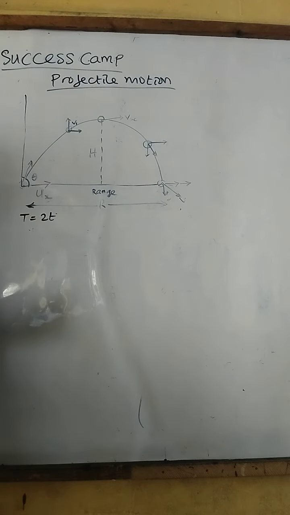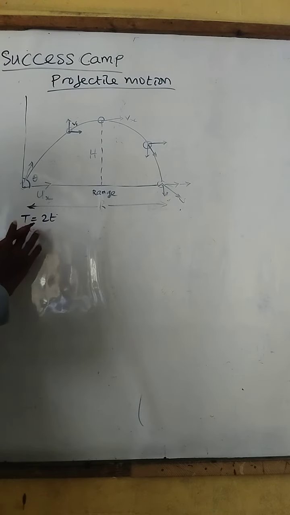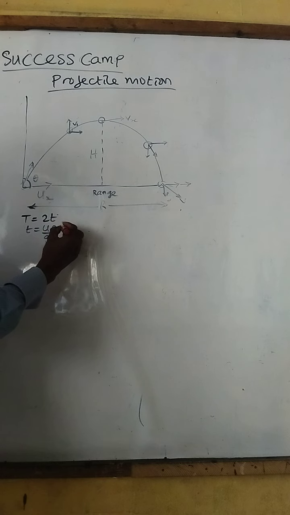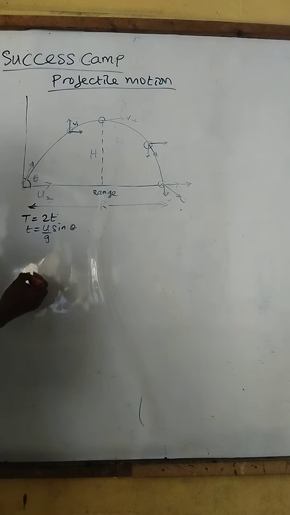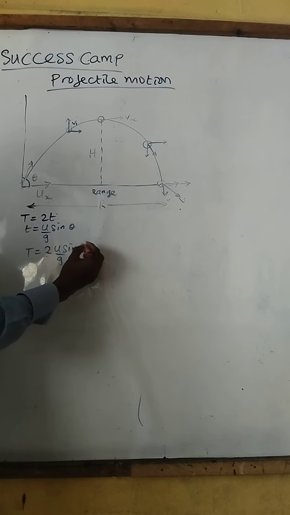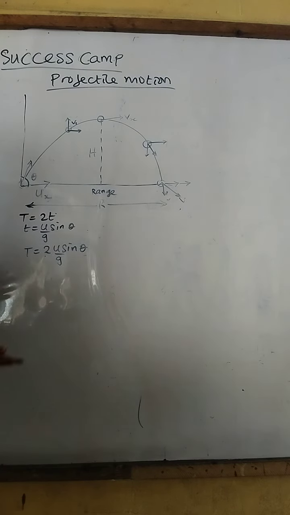So how do we actually get this? I already have my knowledge that my small t from what we have gotten before is u sine theta over g. So that means my t here will be 2u sine theta over g, and this is what we get as time of flight.